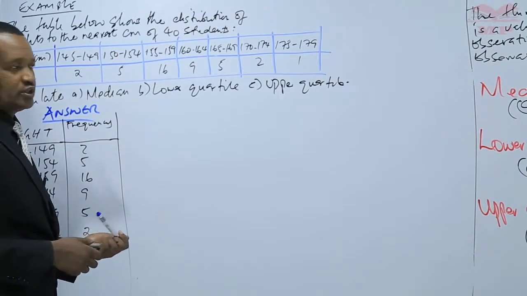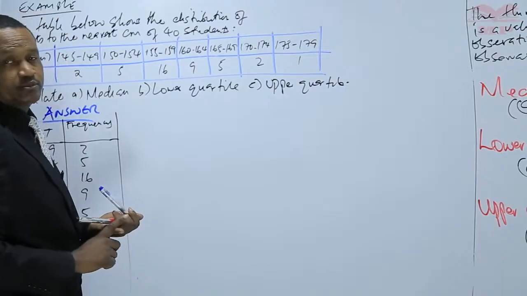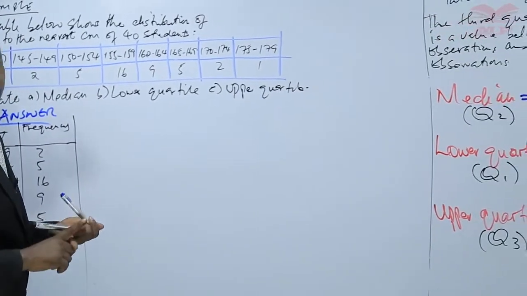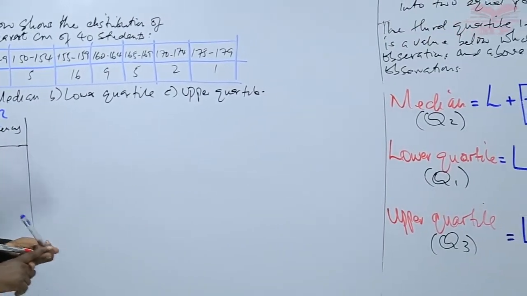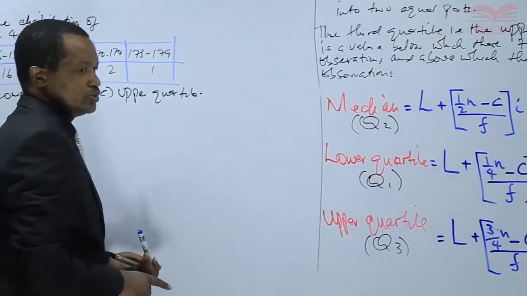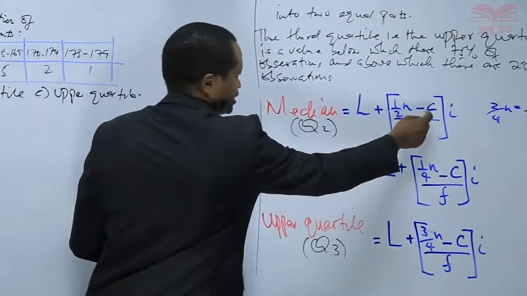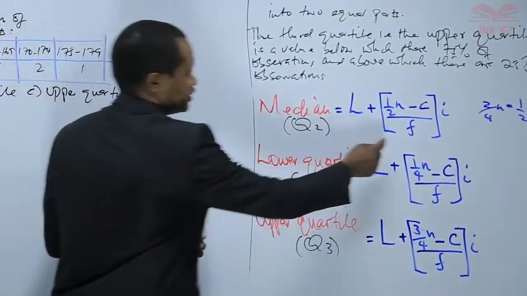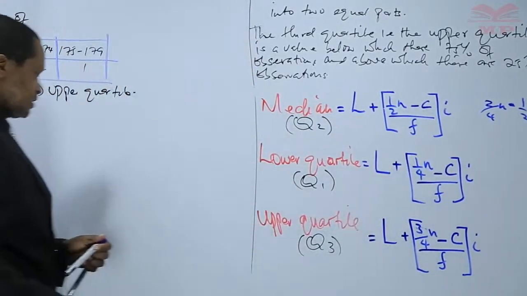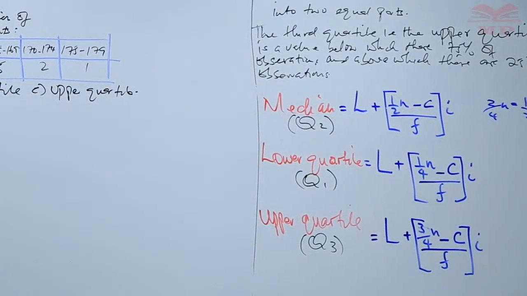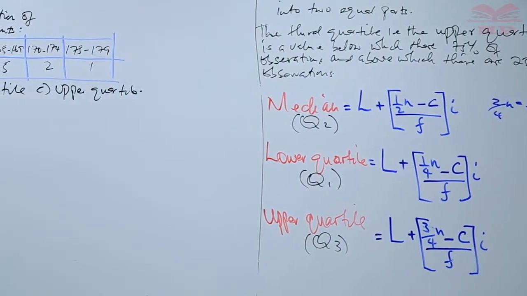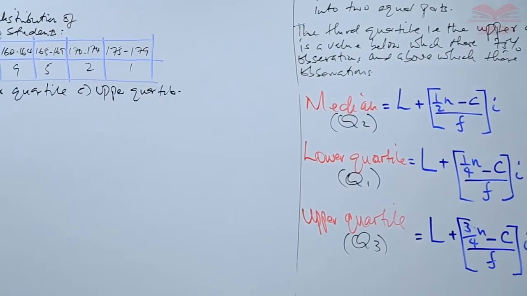So learners, in calculating the median, from this formula we require the lower class boundary and the total frequency. We are going to need also the cumulative frequency, the frequency and the class interval. So let us first cumulate.